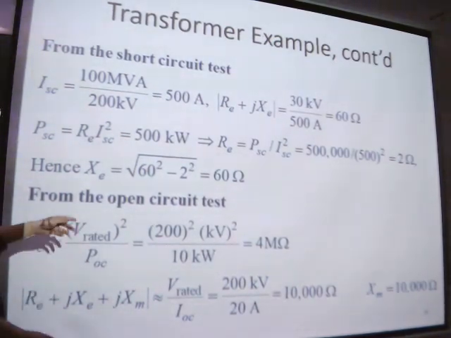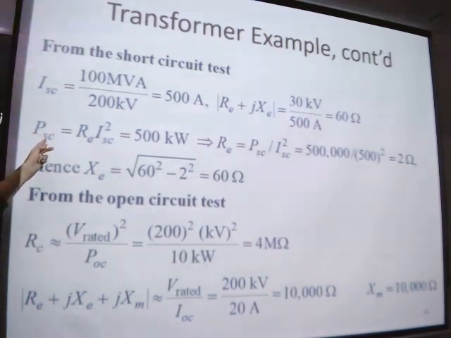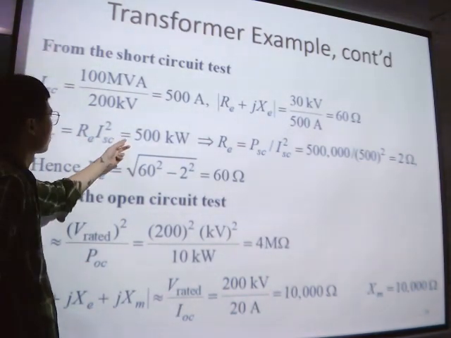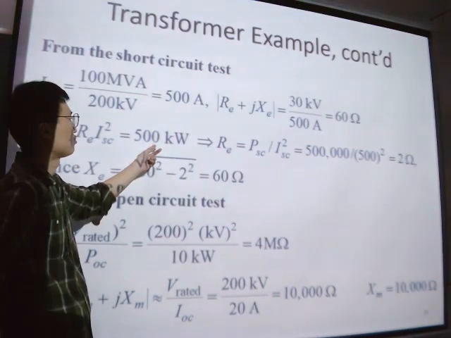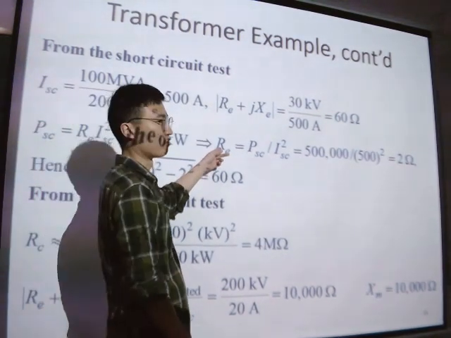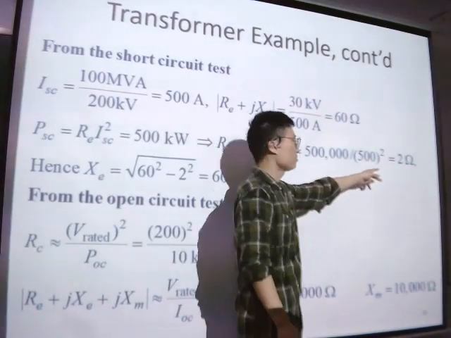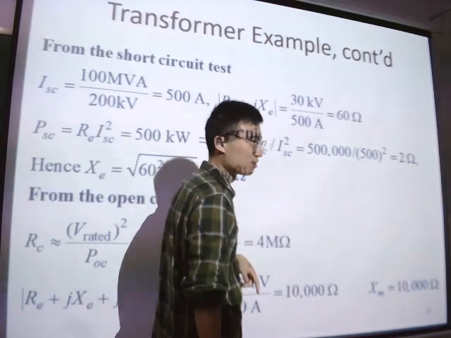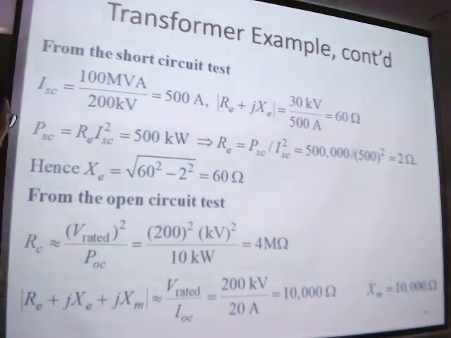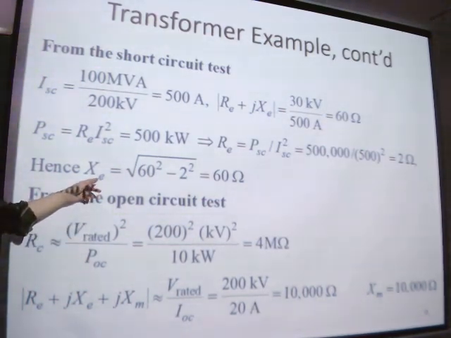So we can see here for the real power of the source should be 500 kilowatt, so we can get this resistance of the transmission, okay? 2 ohm. That's small, okay? So that is the reactance of the transmission.